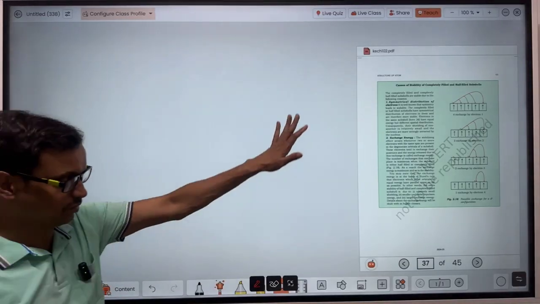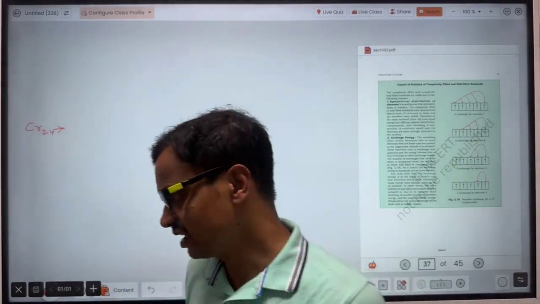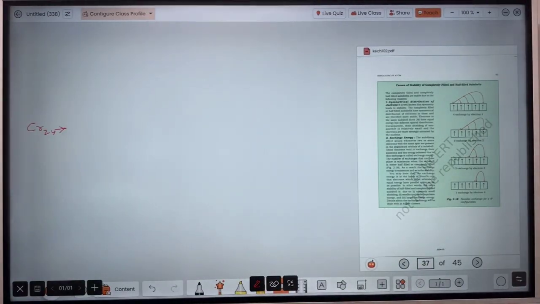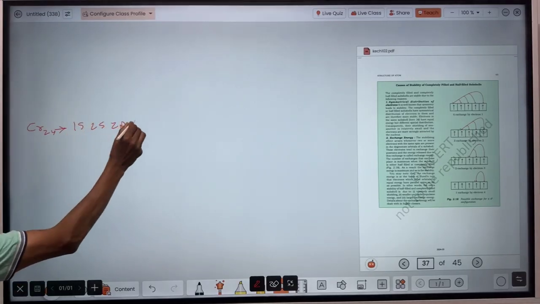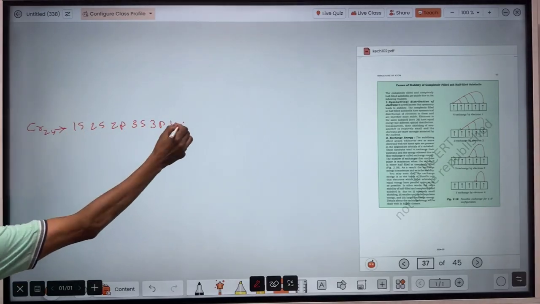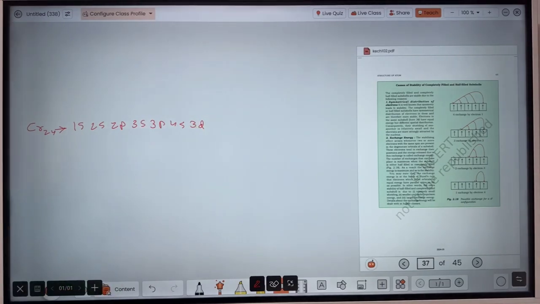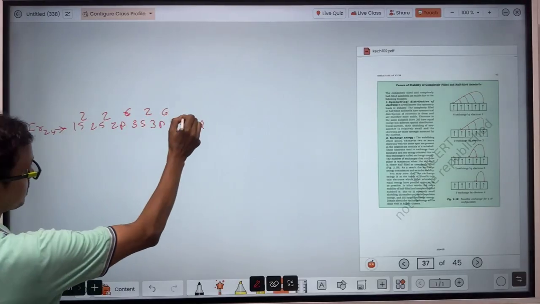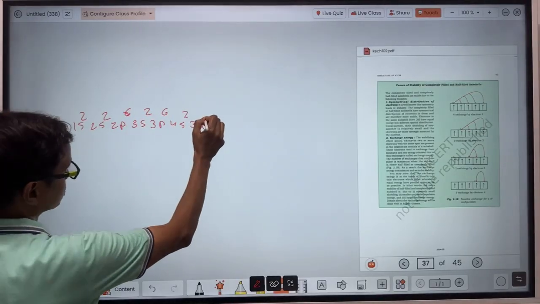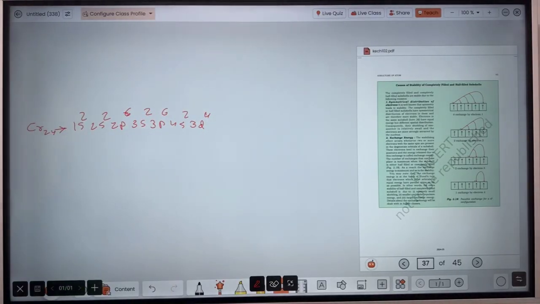By increasing energy level, I have told you how to draw. So directly I am writing the increasing energy level of various orbitals: 1s, 2s, 2p, 3s, 3p, 4s, 3d. Now 2 electrons here, 2 electrons, 6 electrons, 2 electrons, 6 electrons, 2 electrons, and here 4 electrons will fill up like that.